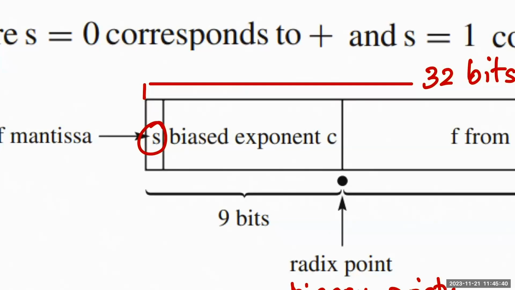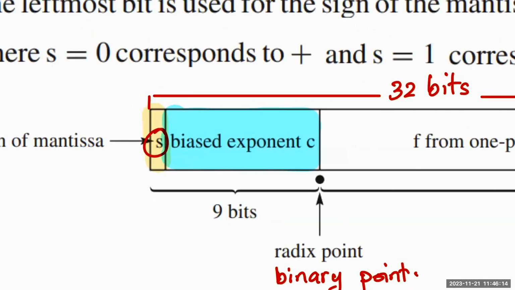So totally on the left here, you have 1 bit for the sign of the number, or we can call it the sign of the mantissa. And you have 8 bits here. I will not explain it yet. They have a term here called the biased exponent. But you still use 8 bits for the exponent, okay? I will tell you about the bias later.